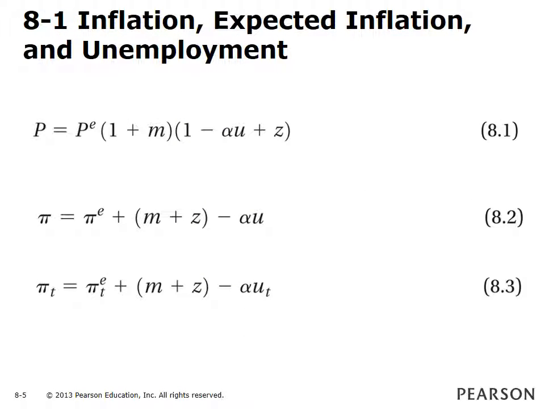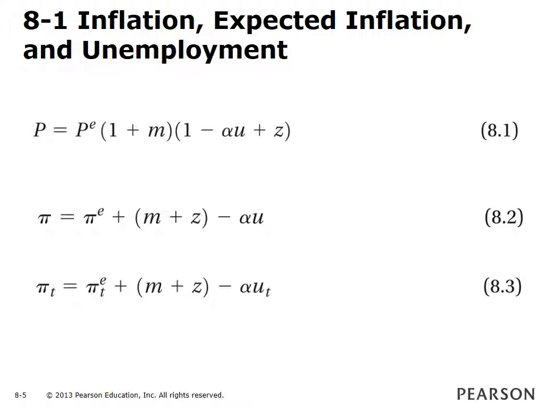Based on the aggregate supply relation, we can understand the factors that determine inflation. Equation 8.1, which restates the AS relation you saw earlier in equation 7.1, says price level P depends positively on the expected price level P^e and negatively on the unemployment rate U, where alpha measures the strength of the effect of unemployment on the price level.